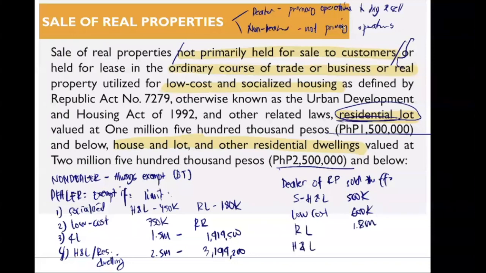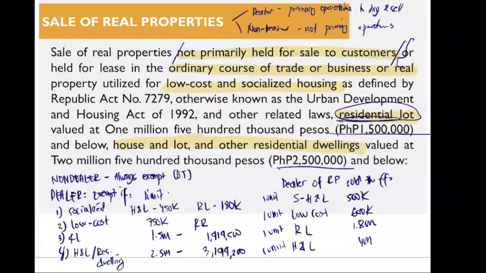And house and lot, he sold one house and lot worth 4 million. So one unit each. So nakabenta siya ng isang house and lot na socialized 500. Low cost, 600. Isa uli na residential lot, 1.8. Isa uli na house and lot, 4 million.